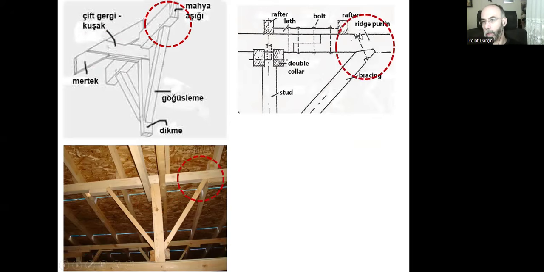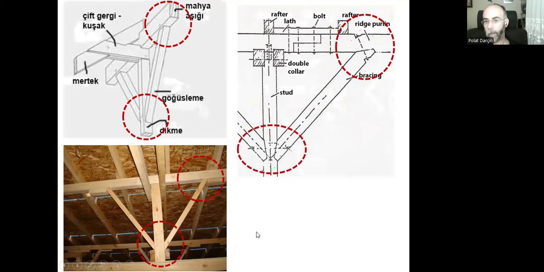Or we can bolt them like this, and the same thing for the connection of stud and the bracings, like that. Here you can see the bolt. That's the bolt. These are grouped like that because we are looking for something like this.